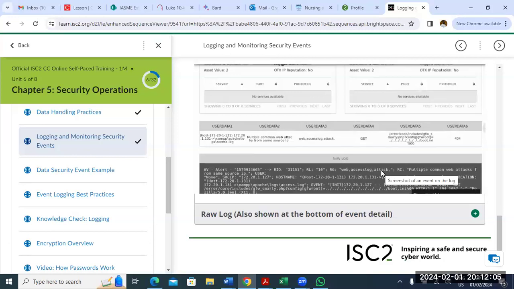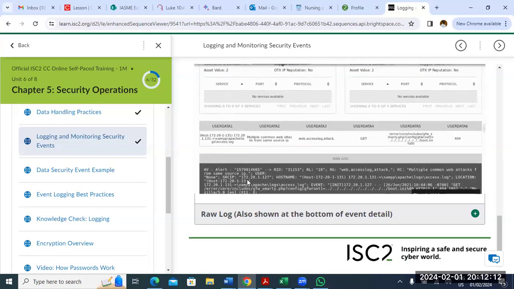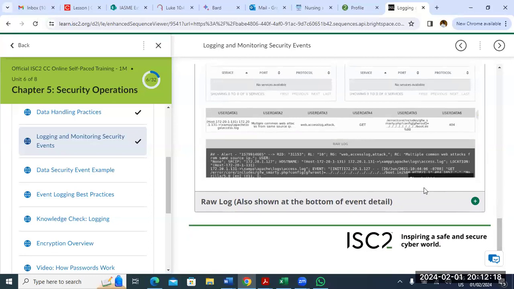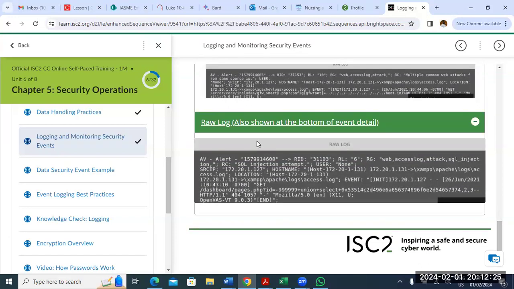That's what it does, giving an idea of where the problem is. You can see source IP, SRC IP. Also you see destination, host, source, destination, and things like that. Just to give an idea of where it's coming from, so they can start doing the tracing to know who is actually doing what. This is a raw log as well, as shown at the bottom of the details. It's also a raw log.